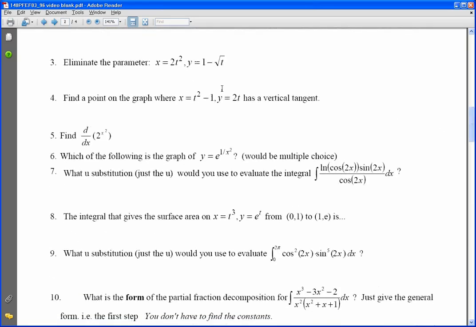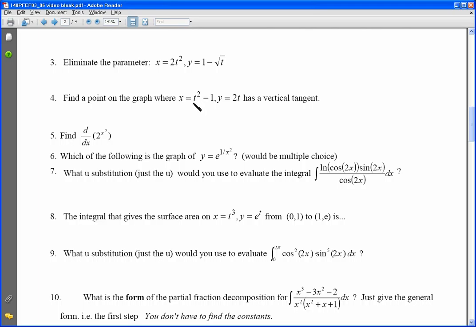Okay, and moving on down the way here. So here, eliminate the parameter. You've got parametric equations in x and y. And remember, what you want to do here is solve one equation for one variable and substitute it into the other equation. So let's see here.